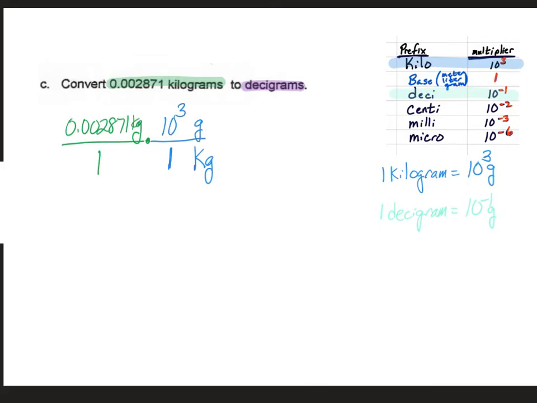Because the kilograms have canceled out, we now have our units in grams. So for the next step, we want to get rid of the grams by putting those on the bottom, and we'll convert that into decigrams. So we'll put decigram on the top, and as usual, with the base unit, we will put the exponent. So in this case, we'll put 10 to the negative 1 with the base unit, grams, and with the unit with a prefix, we're going to put the 1.